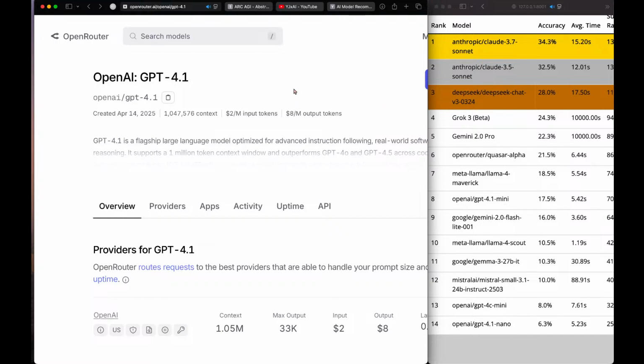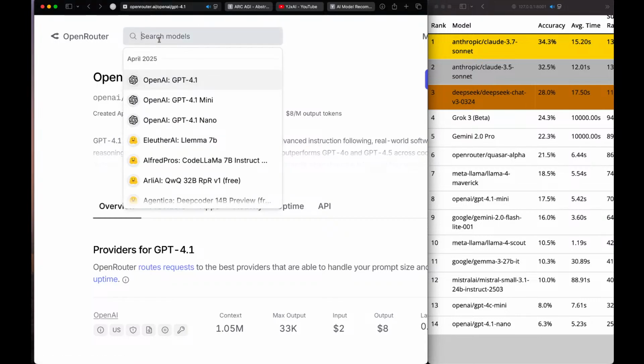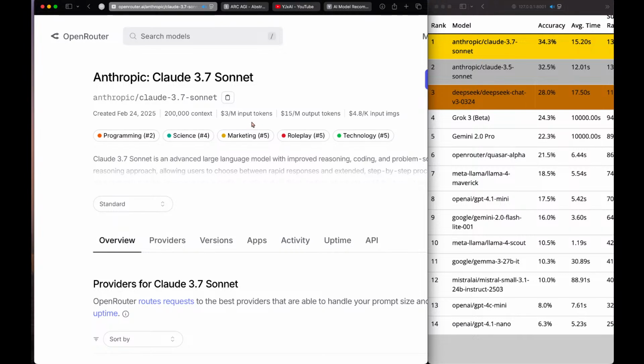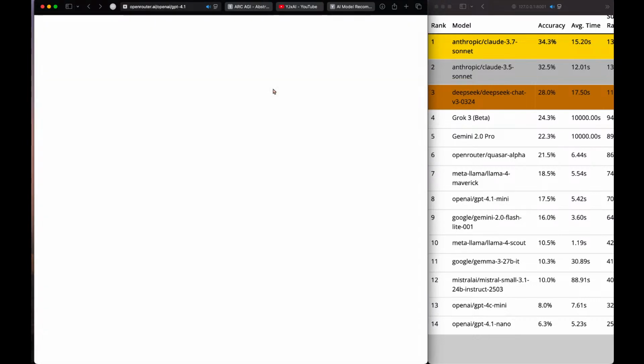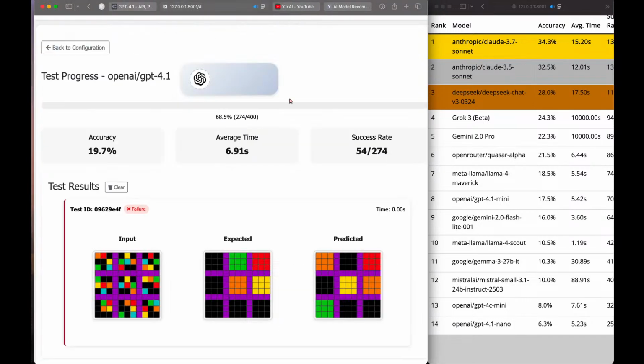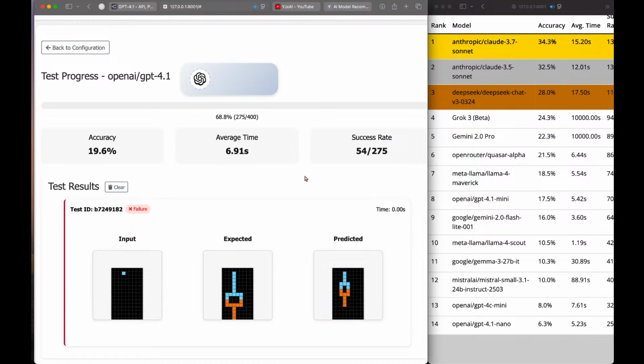Yeah, it's still expensive, but compared to Claude 3.7 Sonnet, it's cheaper. Claude 3.7 Sonnet is even pricier. It is $3 per million input tokens and $15 per million output tokens. Very pricey. I do think there is some strategy that these AI labs have.